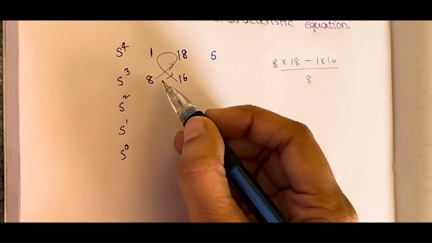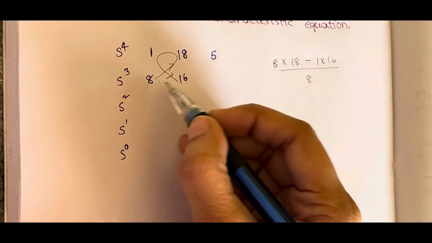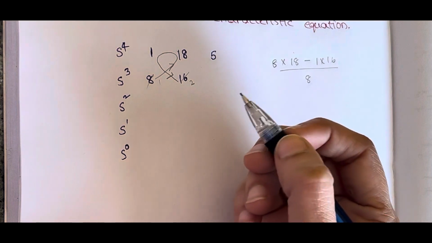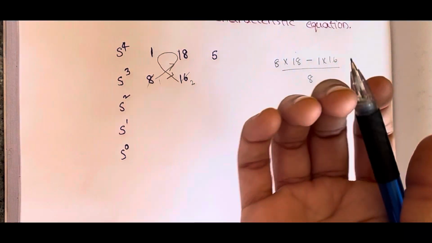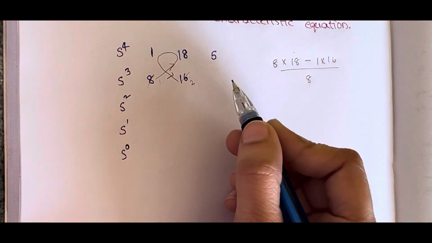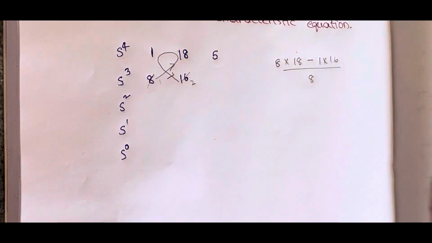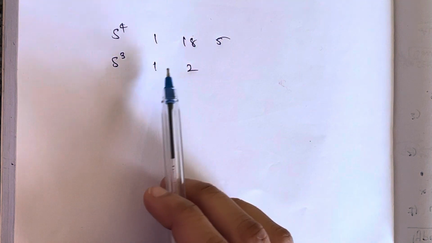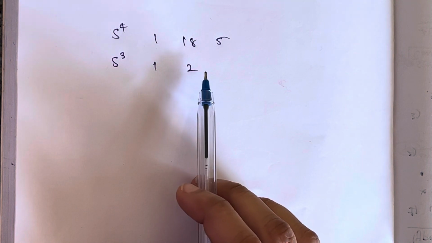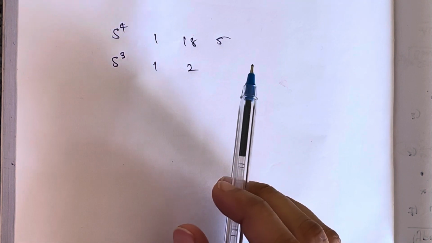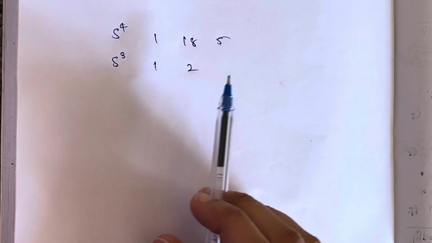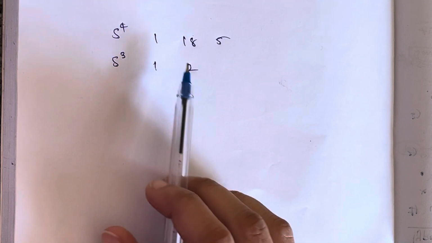You can also write 1 in the place of 8 and 2 in the place of 16, or you can proceed with 8 and 16. Both are correct. I have written 1 in the place of 8 and 2 in the place of 16, so it will be easy to calculate because the coefficients are small.